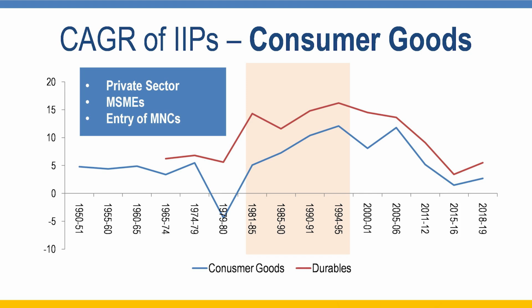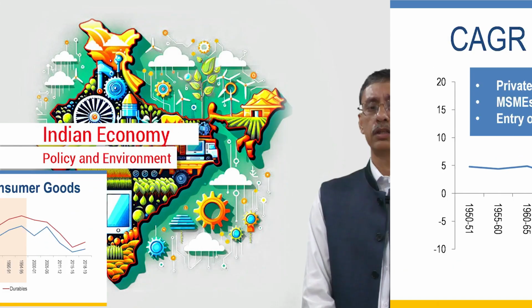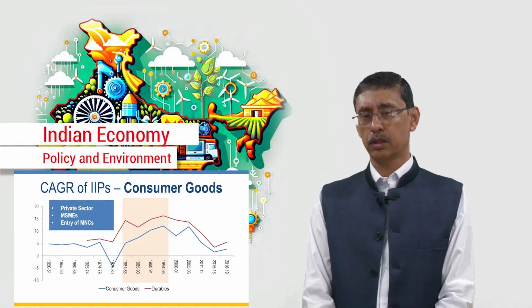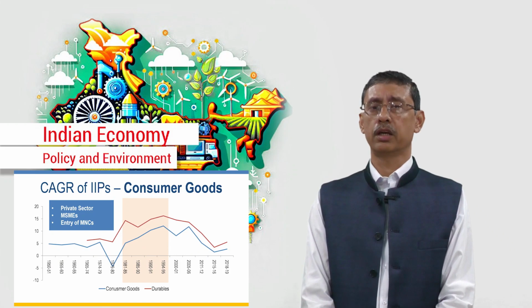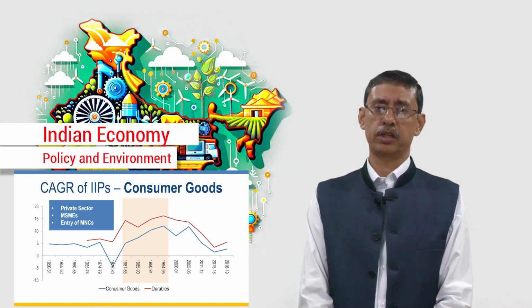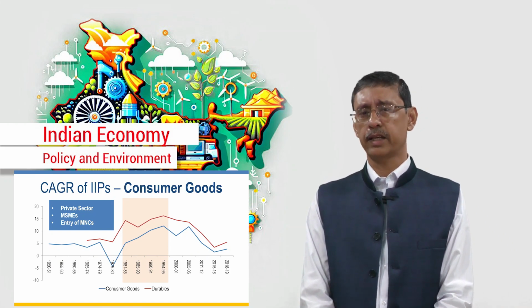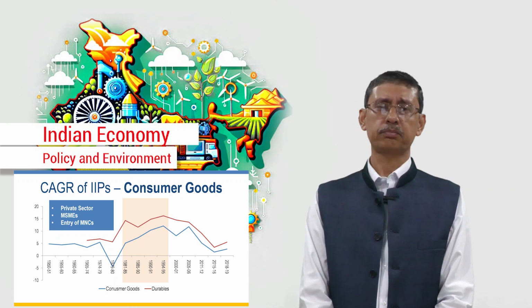Most importantly, the red line gives you the production taking place in durables. Durables include automobiles, electrical appliances, and so on. So durables were also following the same pattern. From the 80s to around 2020 it was expanding, showing growth, but then it slightly came down.